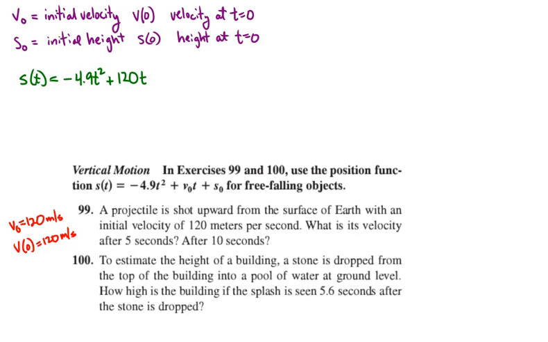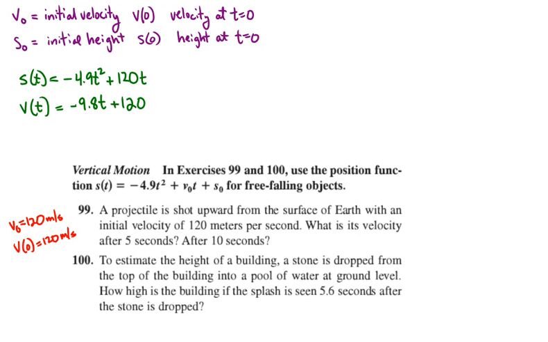So our position function is simply s of t is equal to negative 4.9 t squared plus 120 t. Then the velocity function will be the derivative of this.